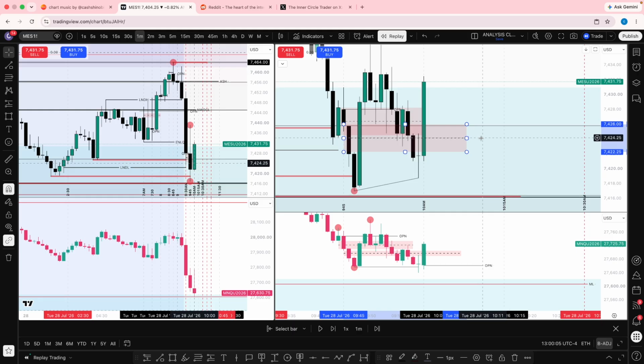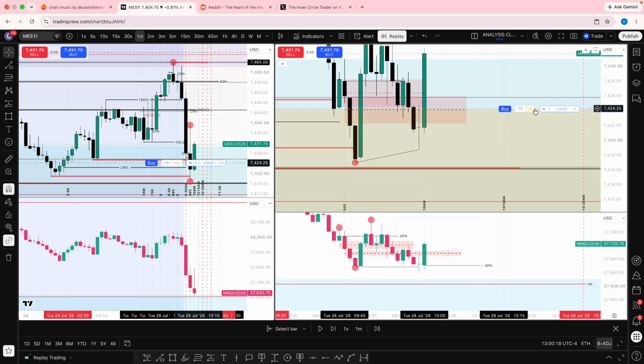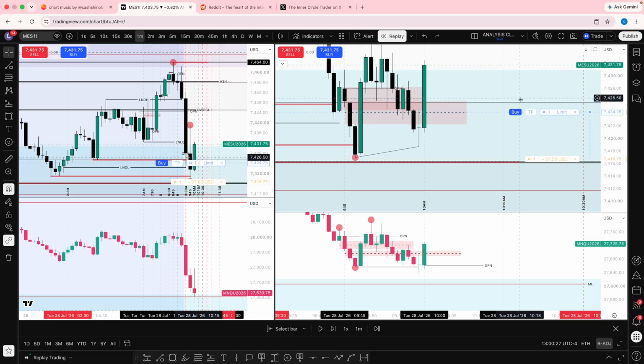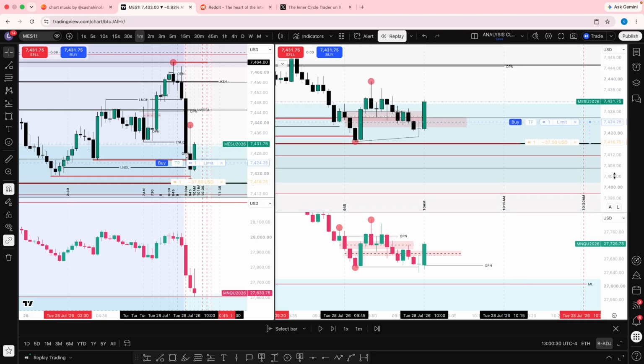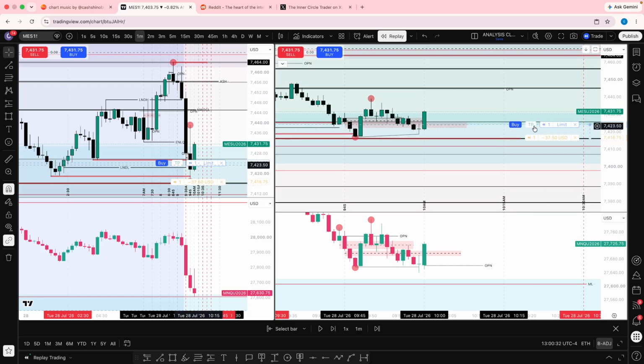This would be a much better entry. Why? Because we closed above these imbalances. We also closed above this too, so I could put an entry right around here, buy, put my sell stop down here, put my TP all the way up here at the equal highs.